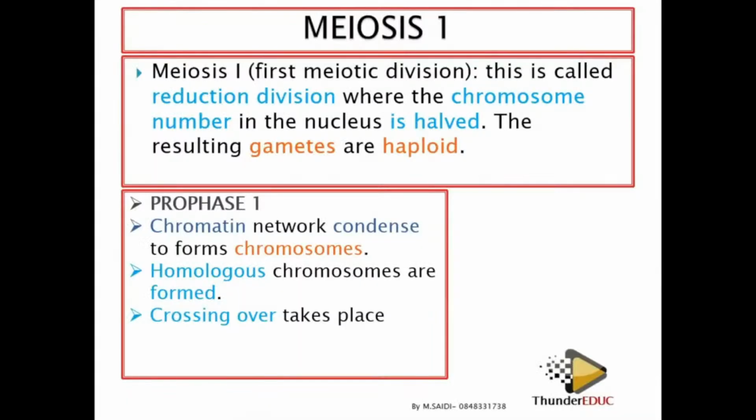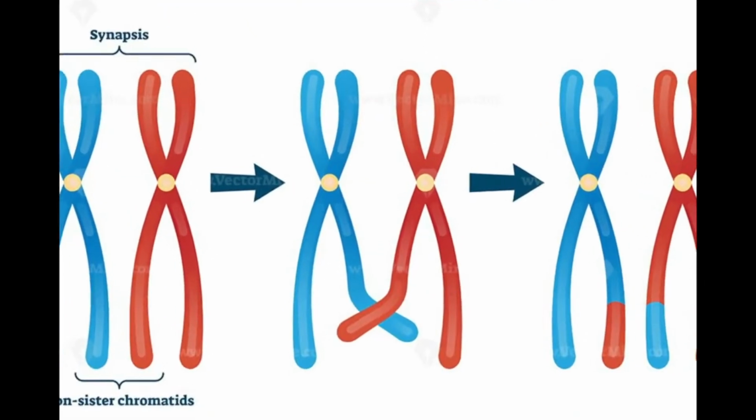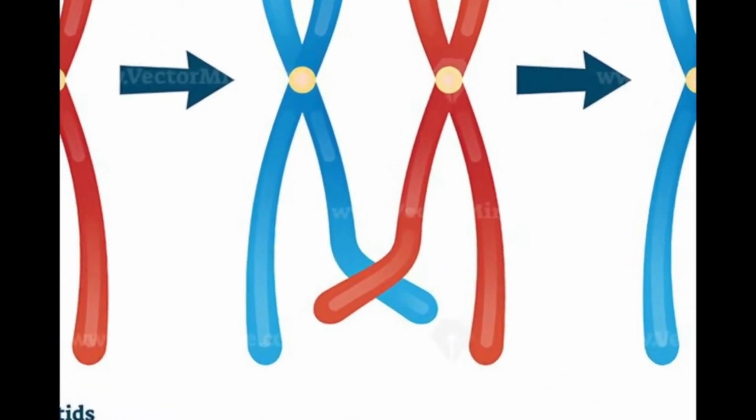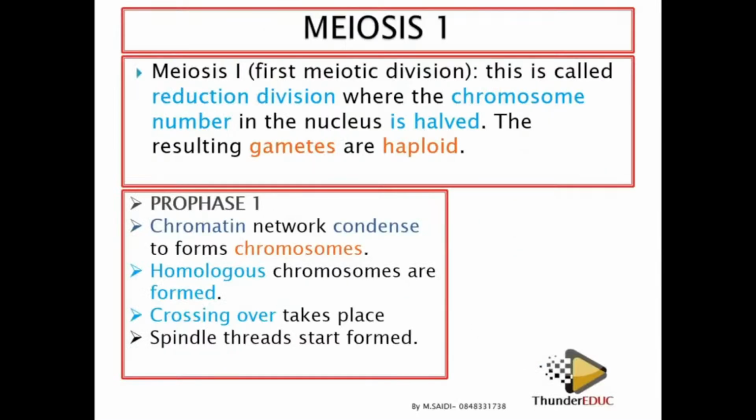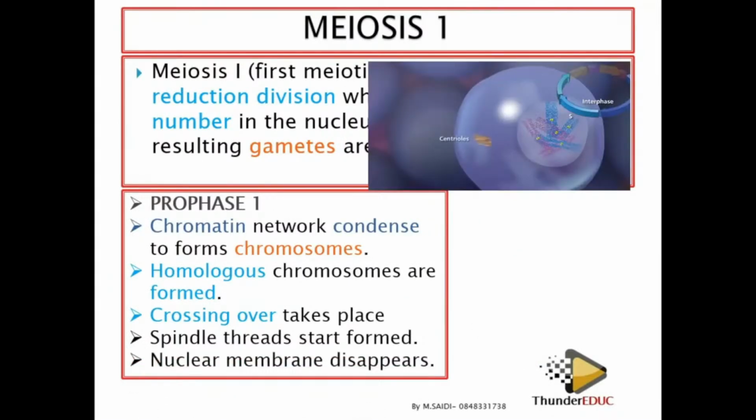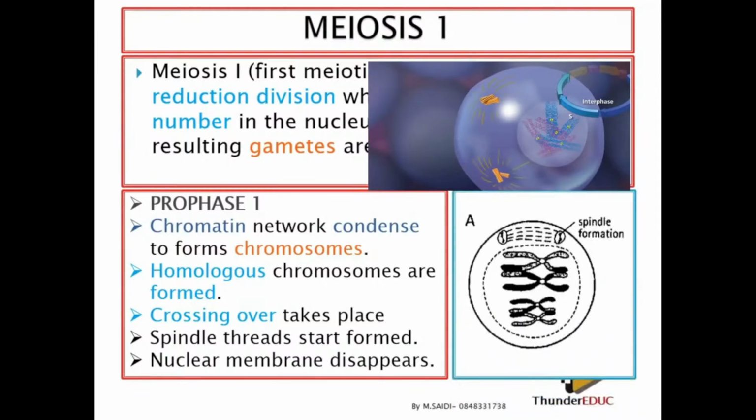They cross using the chromatids. One chromatid of one homologous chromosome crosses with another chromatid of another homologous chromosome, and then the process continues. The spindle fibers start to form, and then the nuclear membrane starts to disappear. Let's look at the diagram here.